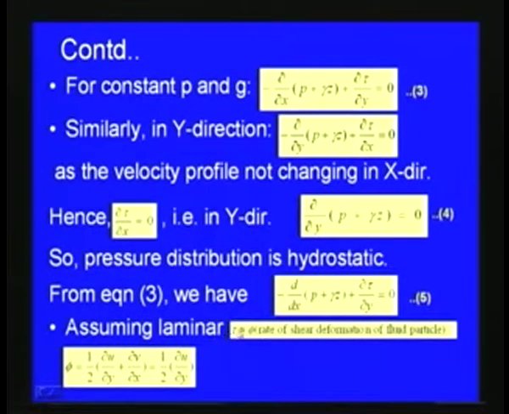So, phi dash is equal to half of del u by del y plus del v by del x. Here you can see that del v by del x is 0, so phi dash is equal to half del u by del y.